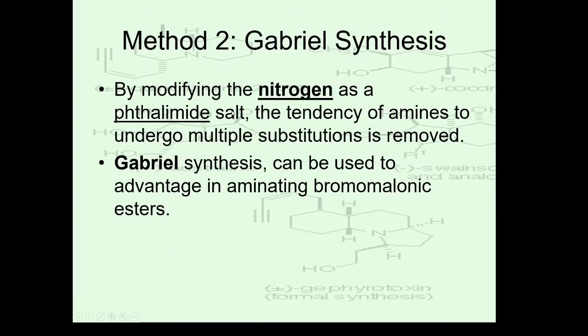Number 2 is Gabriel synthesis. What's great about Gabriel synthesis is that you don't have to start with just a carboxylic acid. You could start with any bromo compound with a COOH, so an ester will work also.